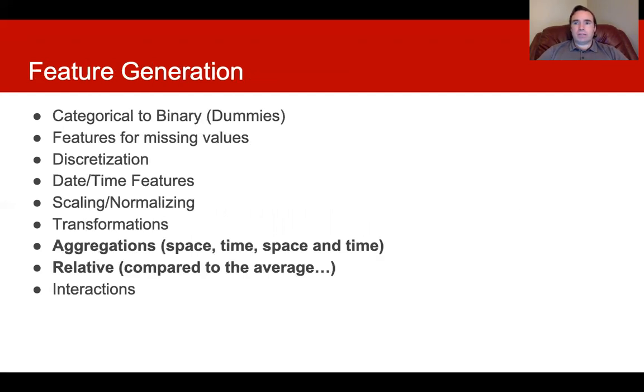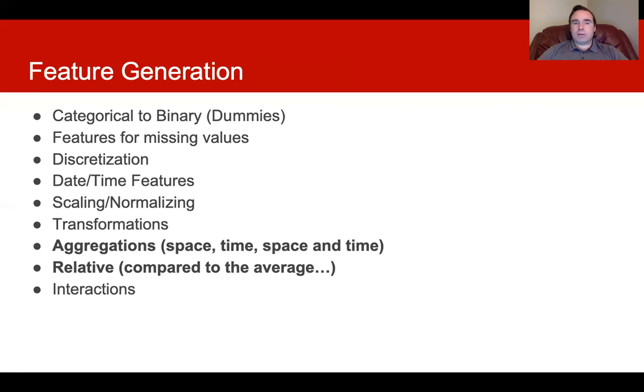In terms of the practical pieces of feature generation, we won't spend a ton of time on this in the video here. I imagine that you all have some familiarity with creating categoricals or cutting different bins and discretizing features and things like that.